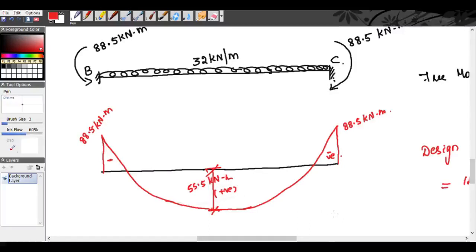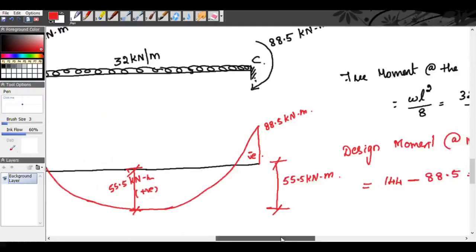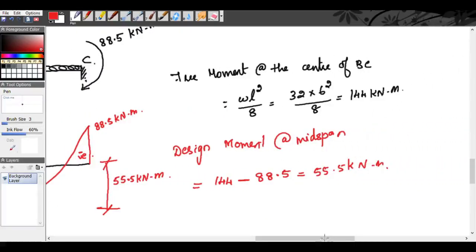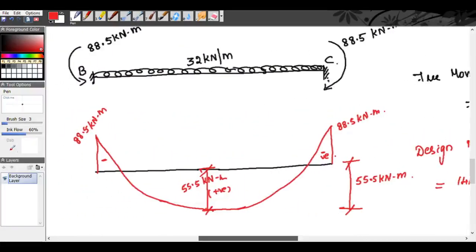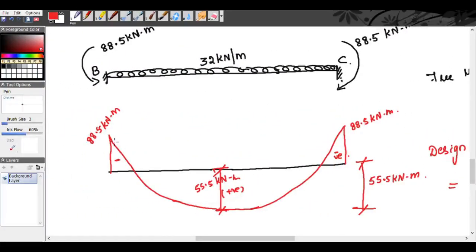So we'll mark it here: 55.5 kilonewton meter. And the total is, we know, 144.